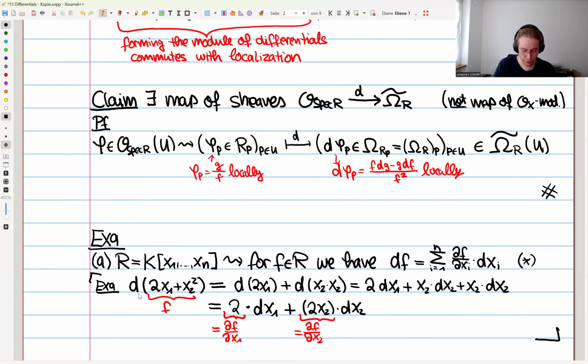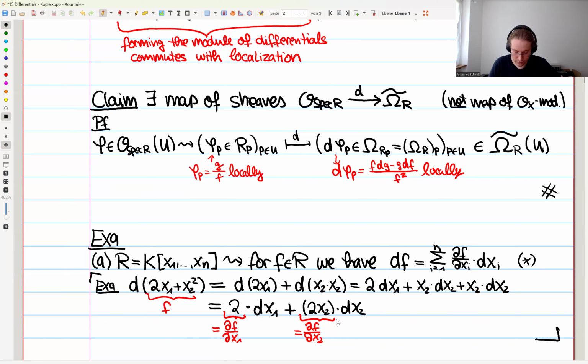Then we just use the linearity to pull the sum apart like this. And then in the first term, we can use 2 as a constant. It comes from the field, so we can draw it outside like this. And in the second term, we use the product rule, which gives us x2 dx2 plus x2 dx2. In this case, it's not so interesting. And then we recombine this.